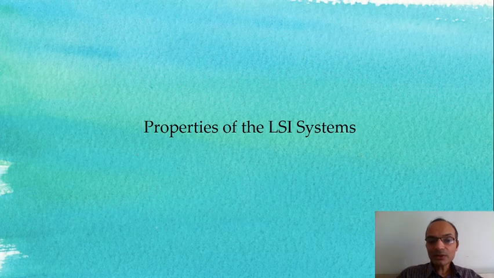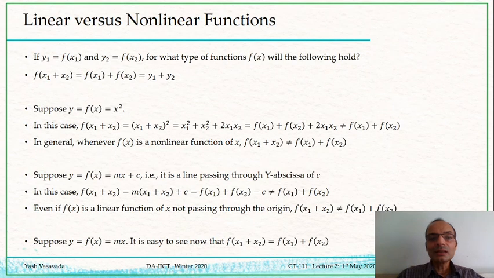And now that we are talking about the LSI systems, I thought that we'll conclude this topic by summarizing the properties of the linear shift invariant systems. And so the last two slides of this topic are on that. In general, let us look at why it is called linear shift invariant system. We will not be talking about the reason why it is called shift invariant in great depth.